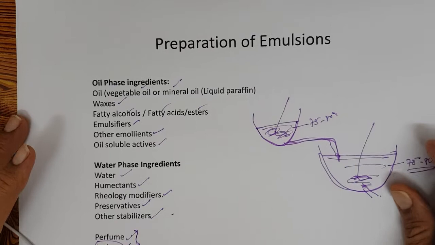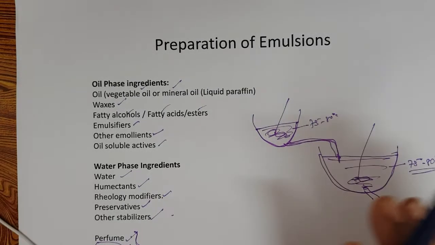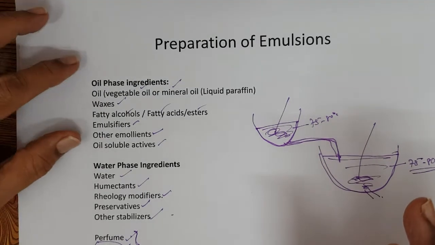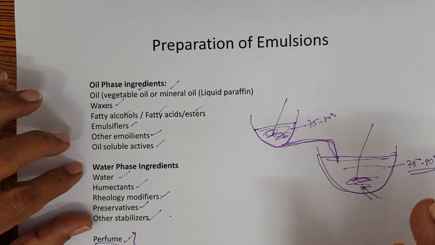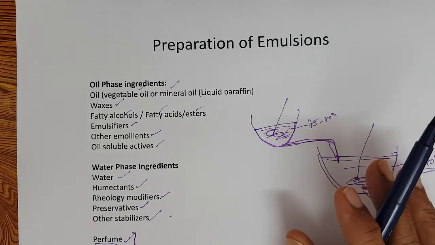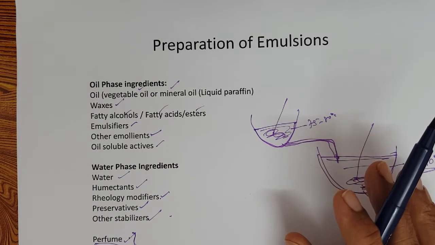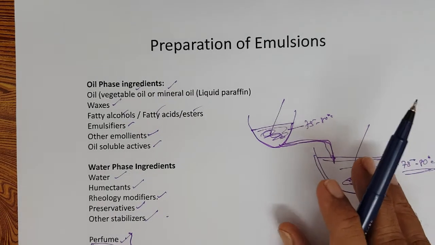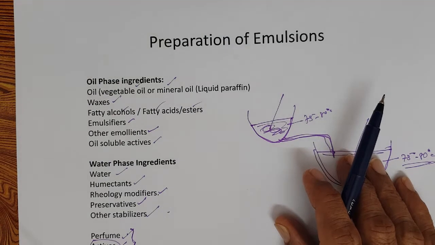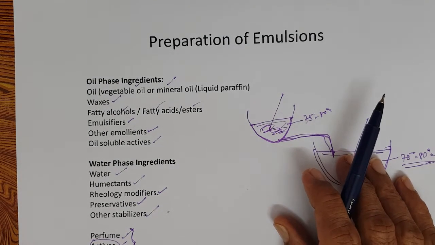So this looks very simple as long as you have decided the ingredients for the oil phase and the ingredients for the water phase. Perfume selection is a big procedure by itself. A lot of effort has to be made to get the winner perfume. Then the actives, then proving the actives, that the base is stable with the active with great sensories, all those things.